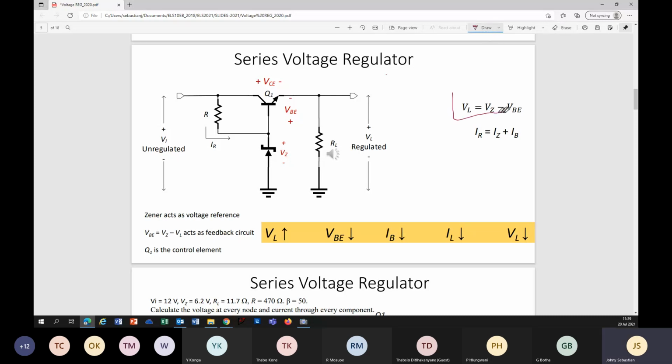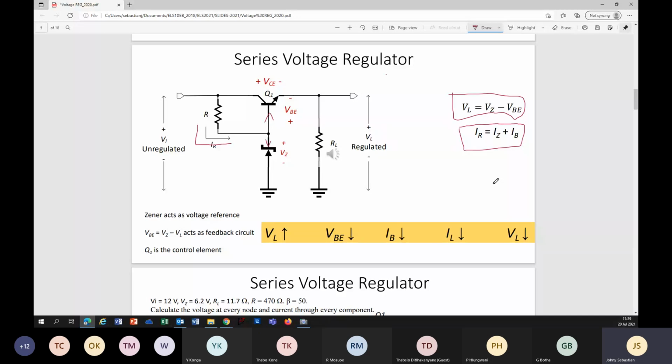VL equals VZ minus VBE. That is confirmed. This current IR is splitting into base current and Zener diode current. So that is how we get this one. IR equals IZ plus IB.